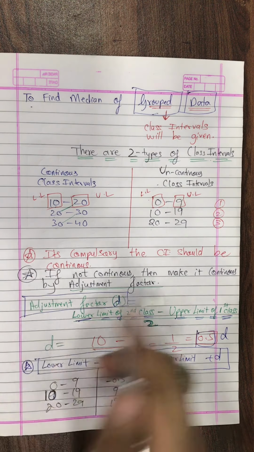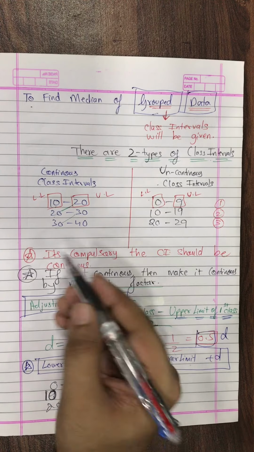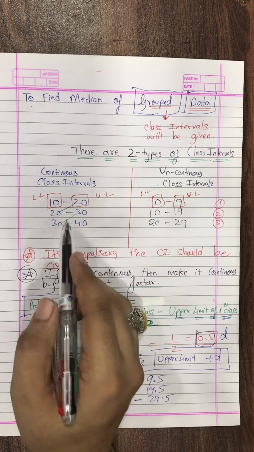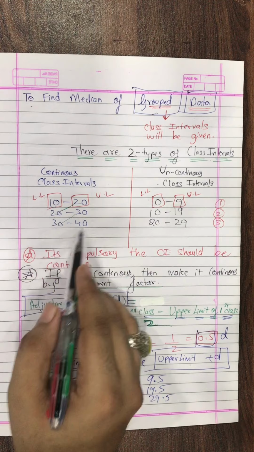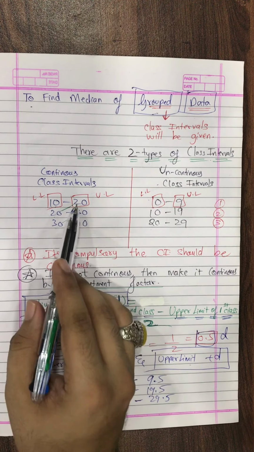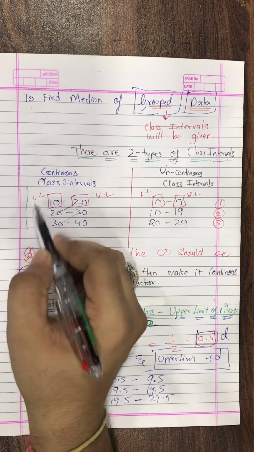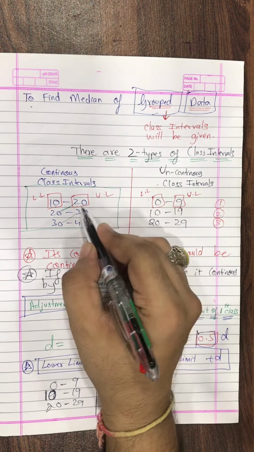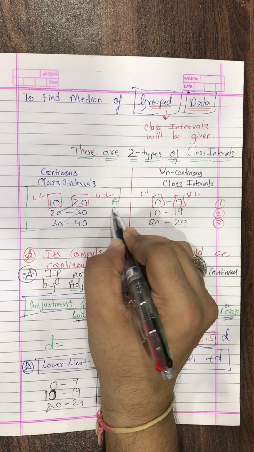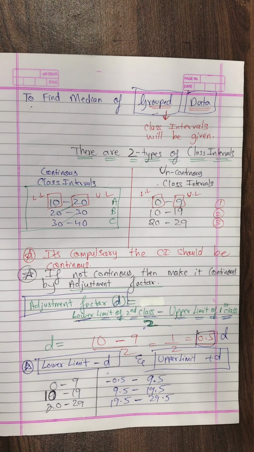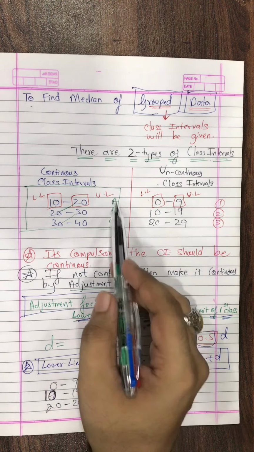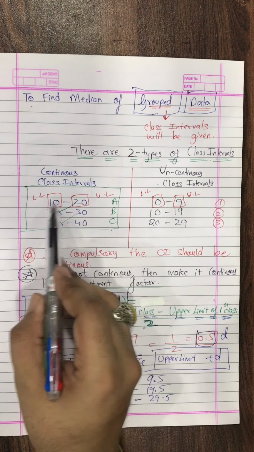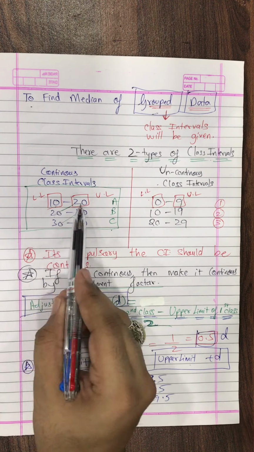One additional piece of knowledge: if I say these are the ages of persons, and these are three rooms, room A, room B, and room C. A child of 9 years of age comes to me and asks, sir, in which room should I go? Room A, room B, room C? Of course I will say go to room A, because the age group of 10 to 20 is in room A.